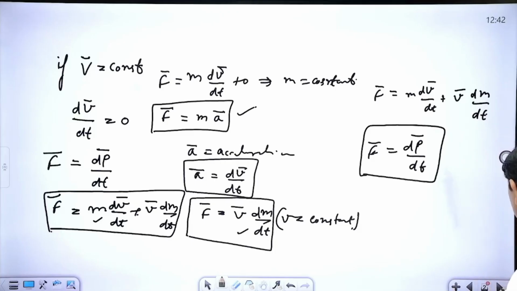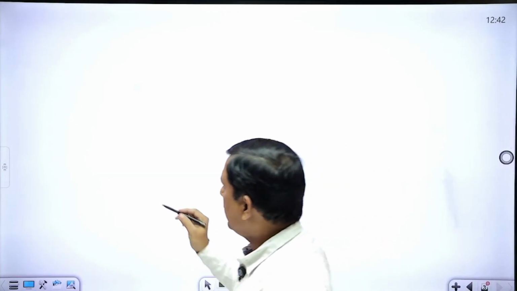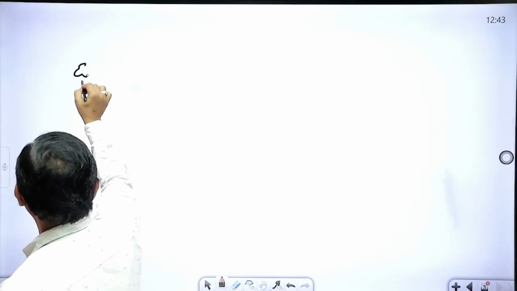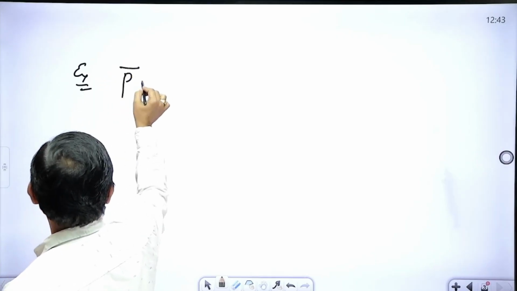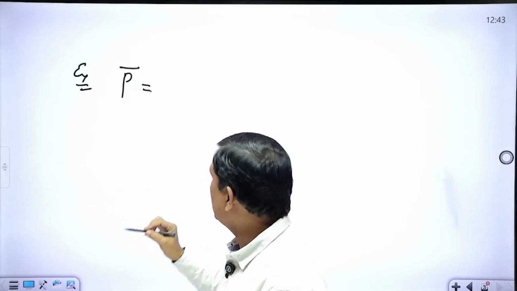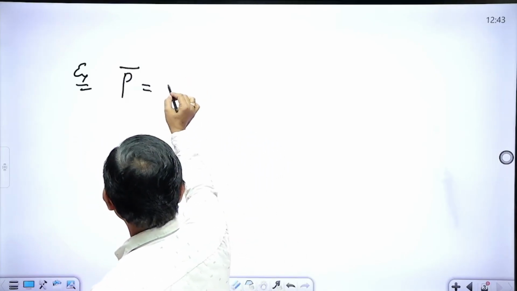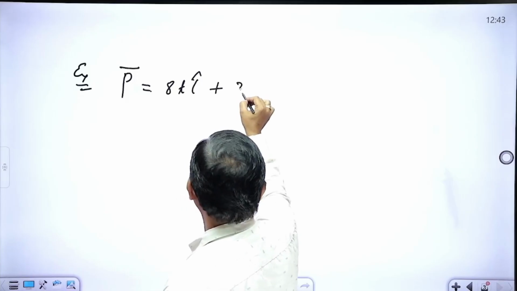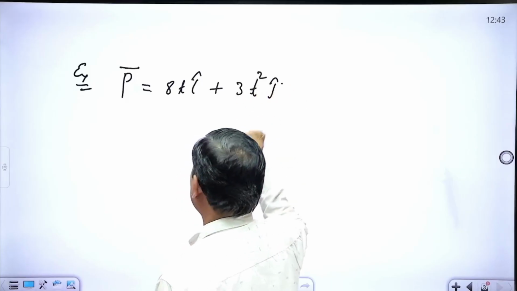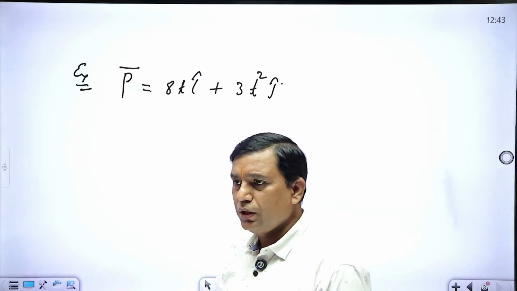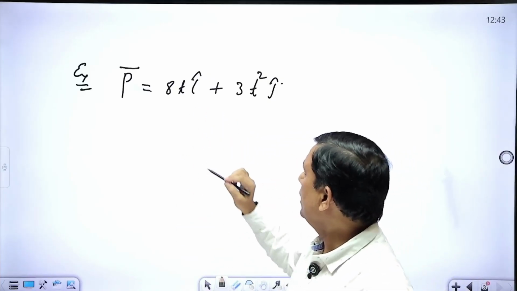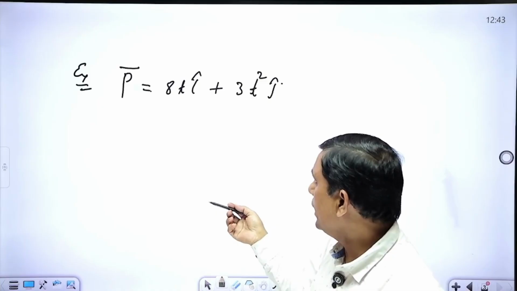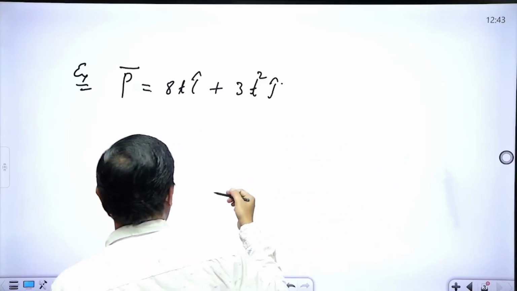For a numerical example, let's see how we can solve such a question. For example, the p vector is given as a function of time: p vector equals 8t i cap plus 3t square j cap, where t is the time, 8 and 3 are constants, and i cap, j cap are unit vectors along the x-axis and y-axis.